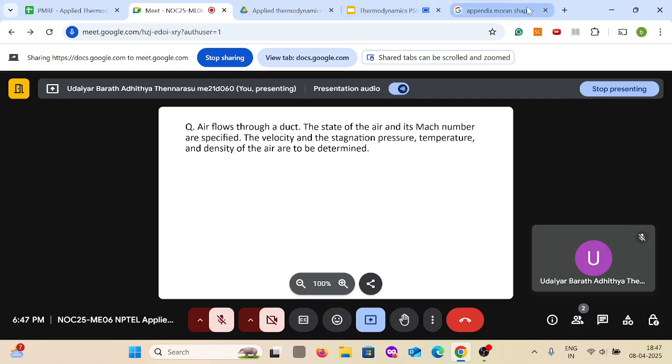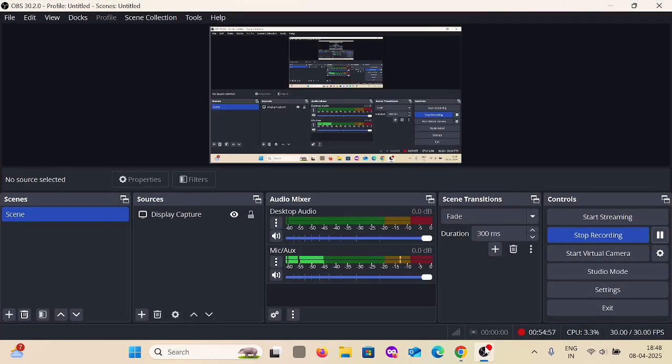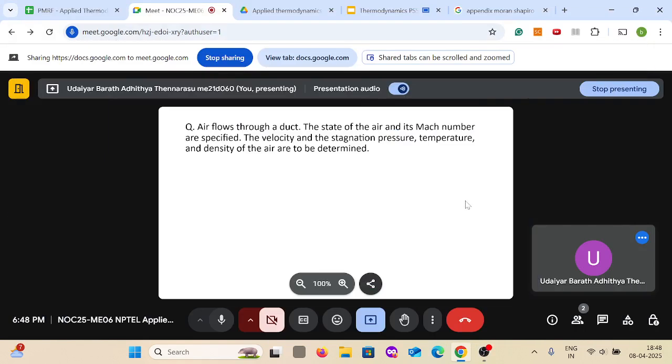Next: air flows through a duct. The state of the air and its Mach number are specified, and the velocity and the stagnation pressure, temperature and density of the air are to be determined.